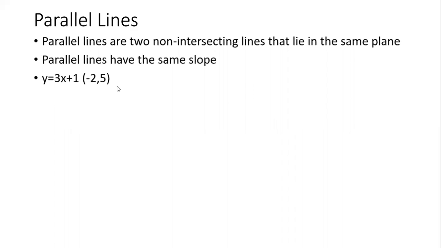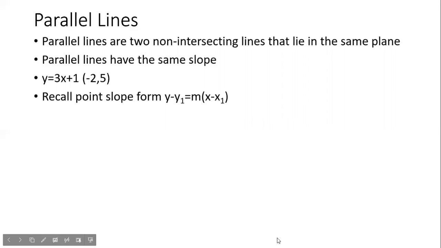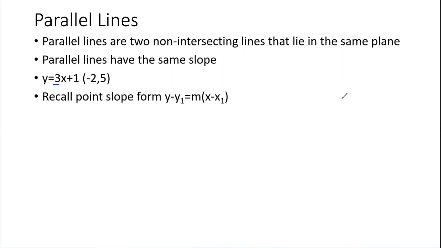And then we can recall this point-slope form of an equation. When we have a point x1, y1, we have this equation, y minus y1 is equal to m times x minus x1. So if we have a slope and we have a point, we can generate the equation for a line. So in this case, let me bring up my annotation. In this case, we have 3x plus 1. We said the slope of all our parallel lines is going to be 3.